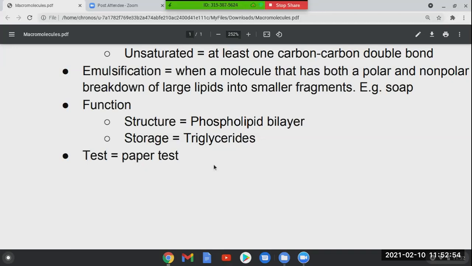If it is a lipid, it doesn't evaporate. That means it is going to stay there, and you are going to have a large brown spot. It's oily and brown, you will see that. But if it was, let's say, water or alcohol, or something that's polar, it's going to evaporate, and after 15 minutes, you are not going to see anything.